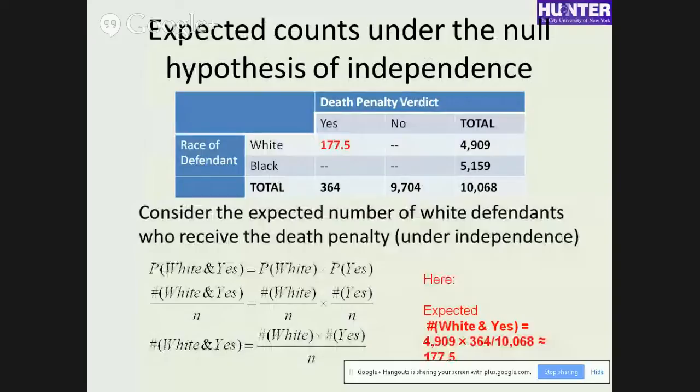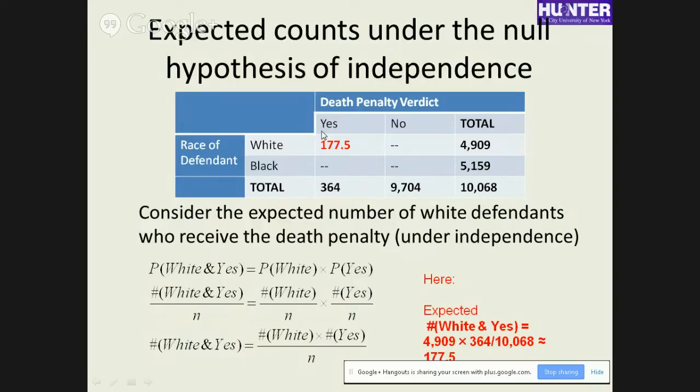So let's build up those expected counts. If race of defendant and the death penalty verdict are independent, we can write down exactly how many we would expect in each of these cells. So we can start on any cell here and use the probability that you learned early on to start writing in expected counts.